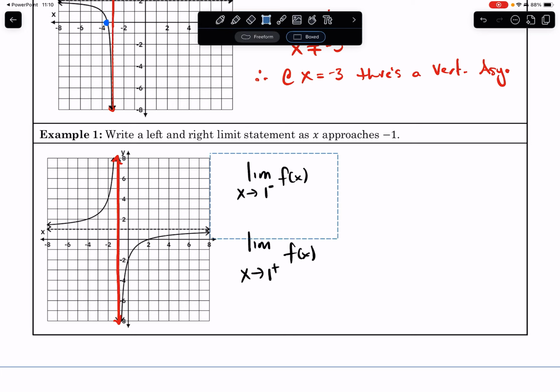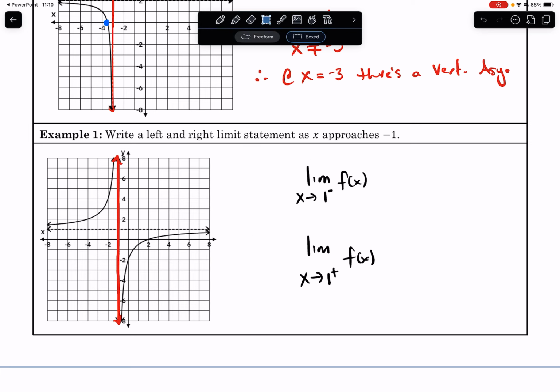Let me just move this over and let me write that in. So this is the left of the vertical asymptote, and this is going to tell us how the graph is behaving on the right side of the vertical asymptote.